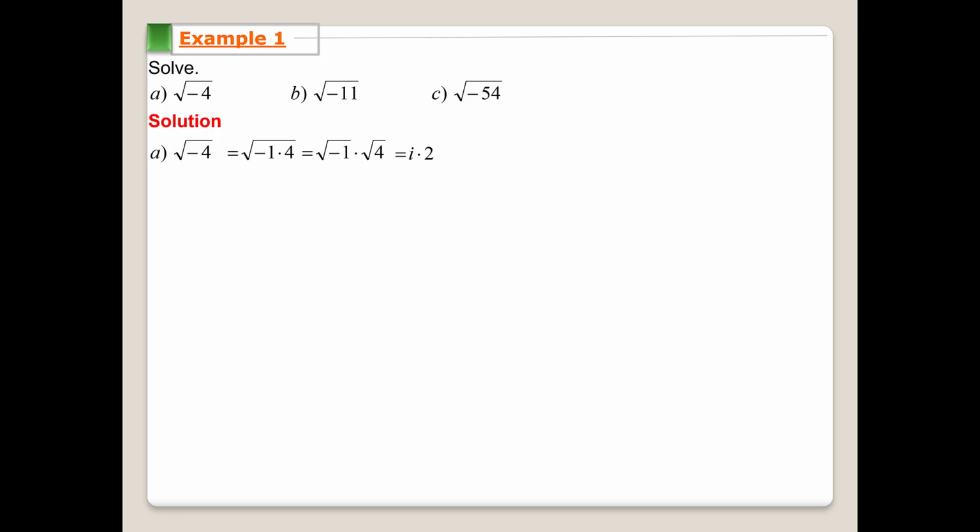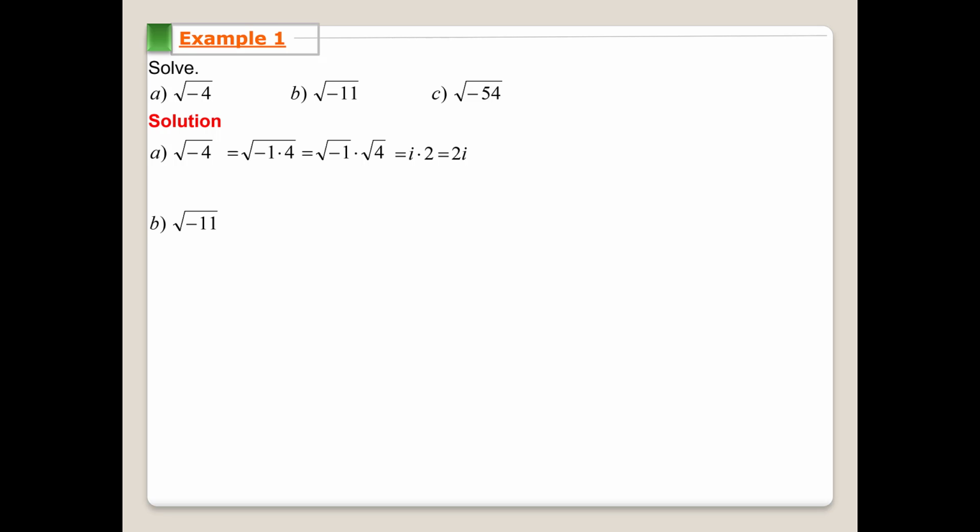So you get an i for the square root of negative 1 and a 2 for the square root of 4. It's best practice to write it as 2i, with the i following the real number. In this case it's not so much a real number, it's an imaginary number. So you would get 2i.